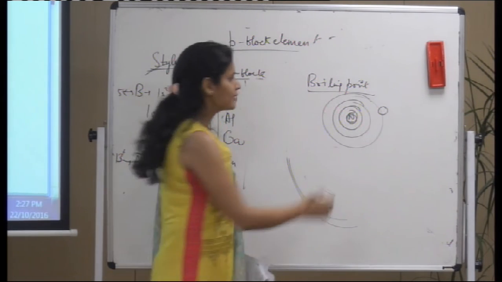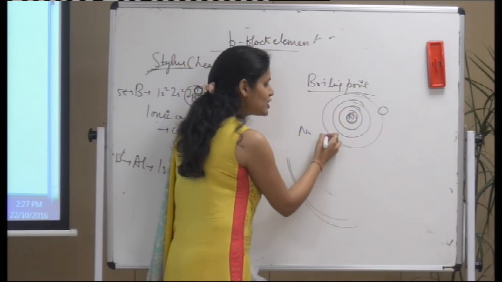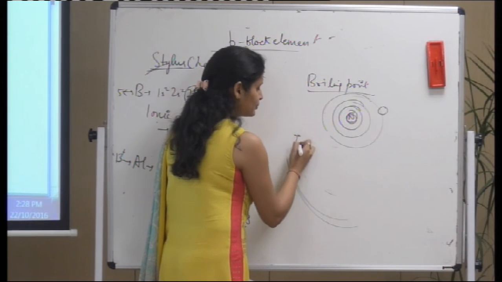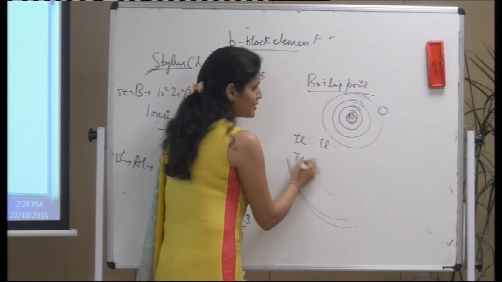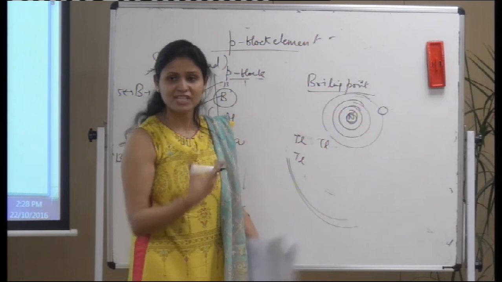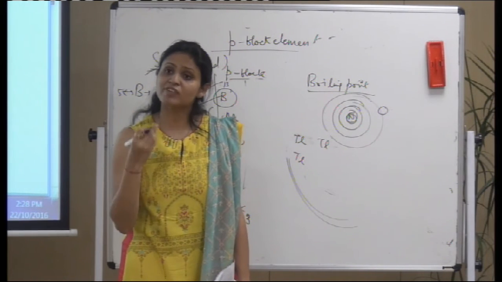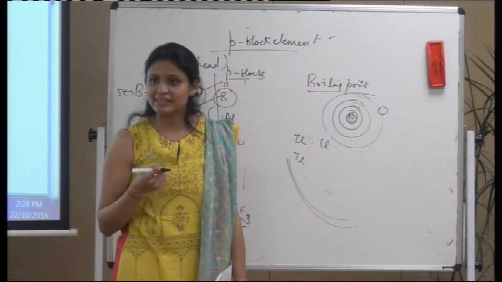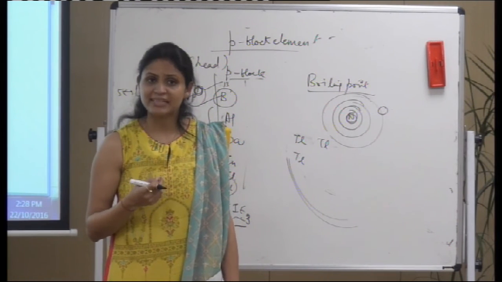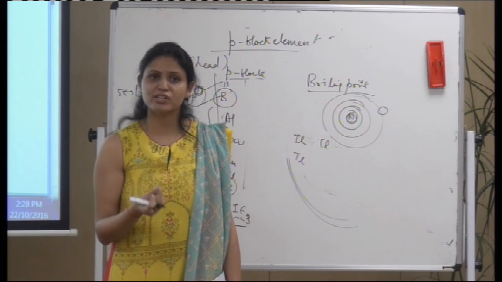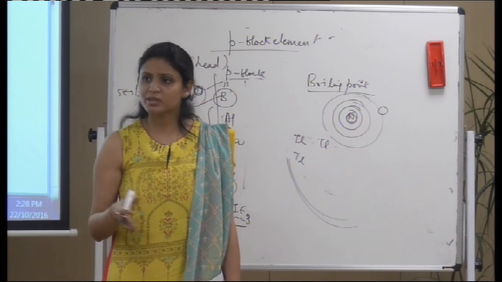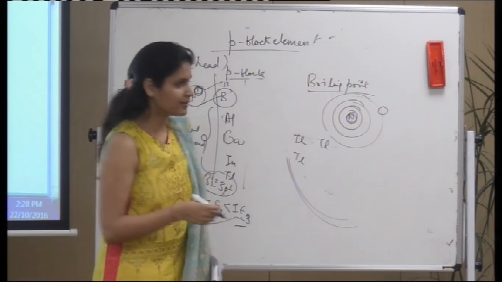That means they are now more loosely held. Suppose I am talking about aluminium or thallium, right? They are more loosely bound. As the number of shells increases, the attraction decreases, and hence the melting point and boiling point decrease, and less energy is required to break the atoms into their constituent ions, right?